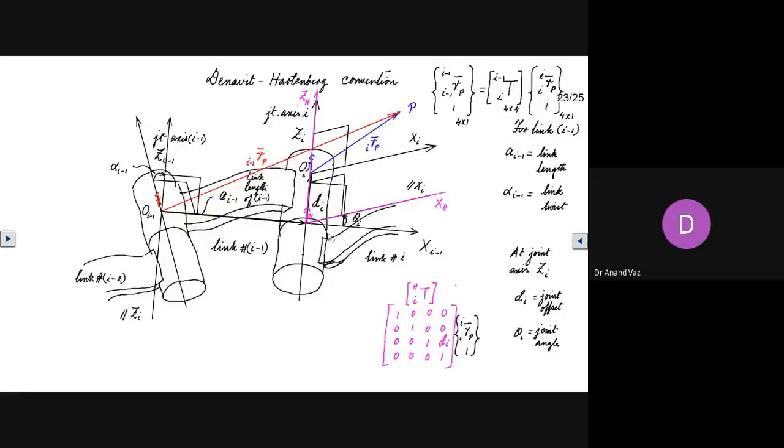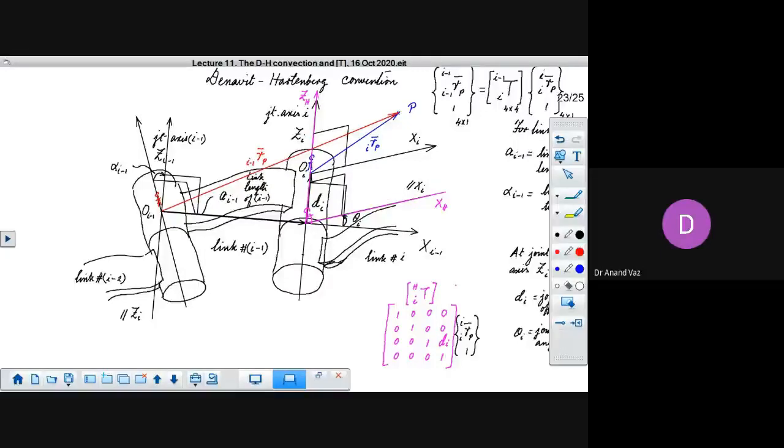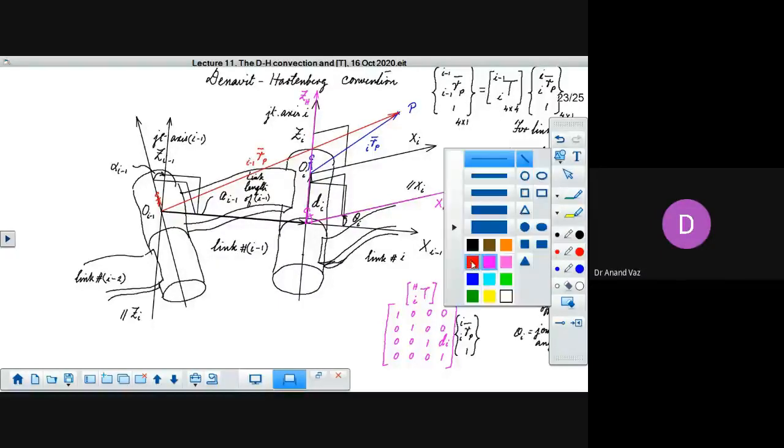The next is we will determine what is the transformation between this purple frame and another frame which is over here, which is parallel to this frame. So we will take another color.